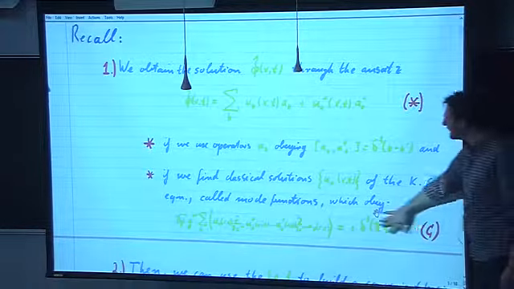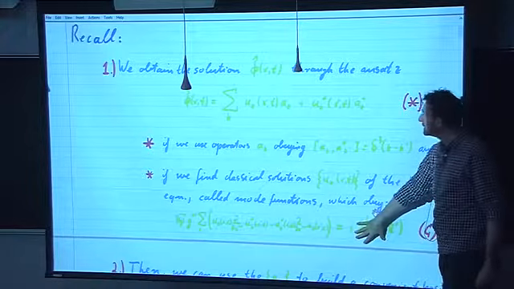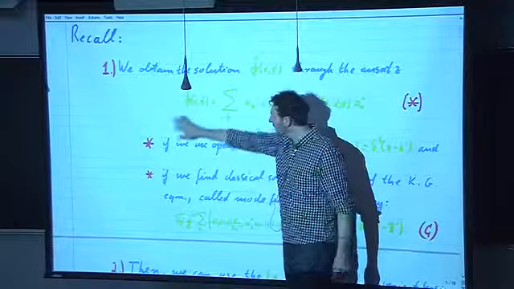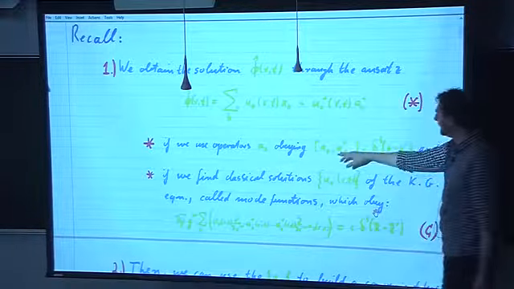This condition translates the commutation relations between phi and pi into the commutation relations between A and A dagger.